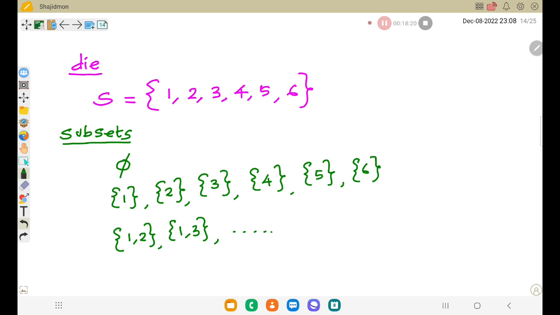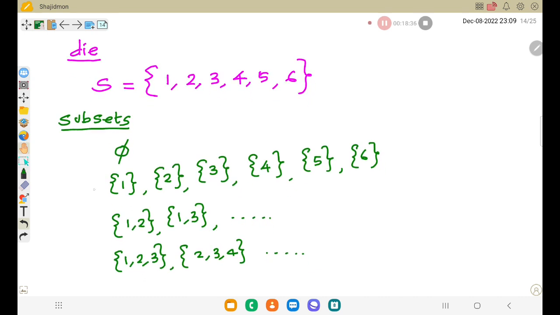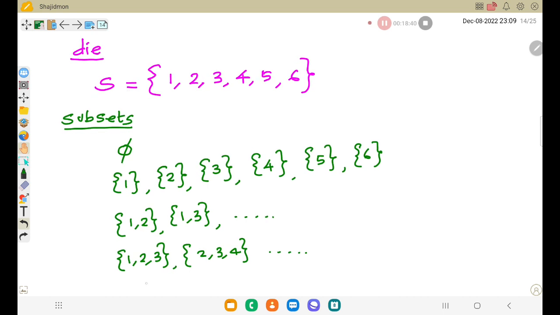Now if you want 3-element subsets, what are they? {1, 2, 3}, correct? And we can write {2, 3, 4}, another subset. Like that many subsets we can write, 4-element subsets, 5-element subsets, 6-element subsets.